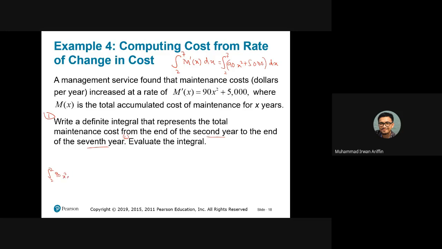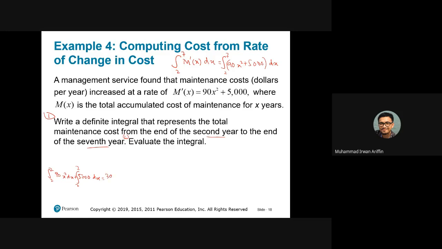The integral from 2 to 7 of x squared dx plus, don't forget this, 5,000 dx. And this 90, you can bring it to the front, and this becomes x to the power of 3 divided by 3. 90 divided by 3 would be 30, right?